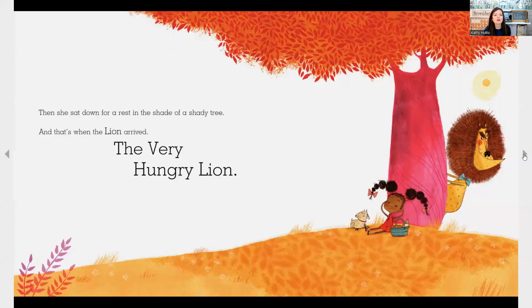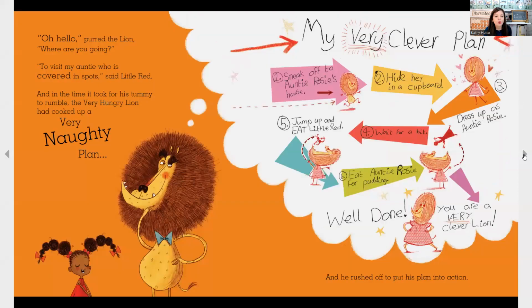Then she sat down for a rest in the shade of a shady tree, and that's when the lion arrived, the very hungry lion. Oh, hello, purred the lion. Where are you going? To visit my auntie who is covered in spots, said Little Red.